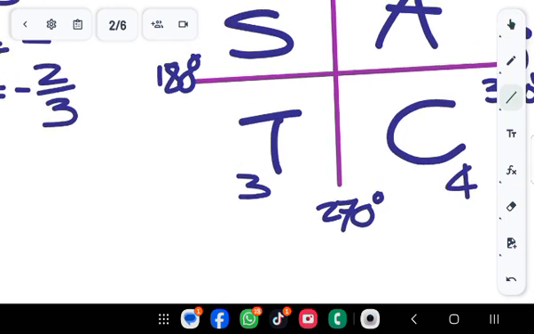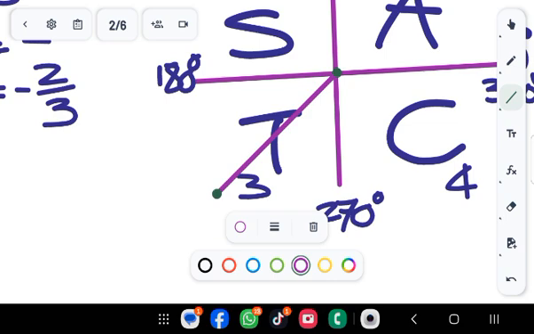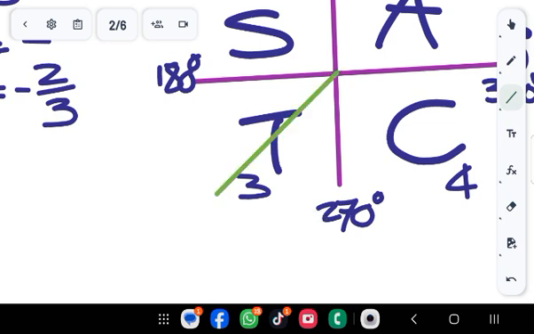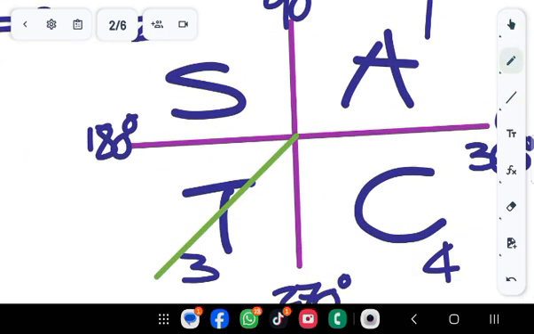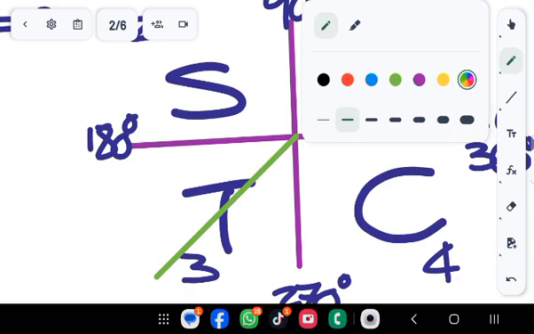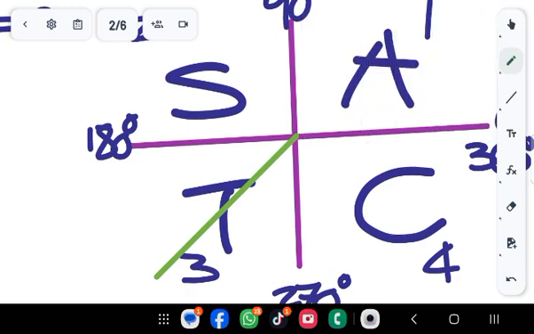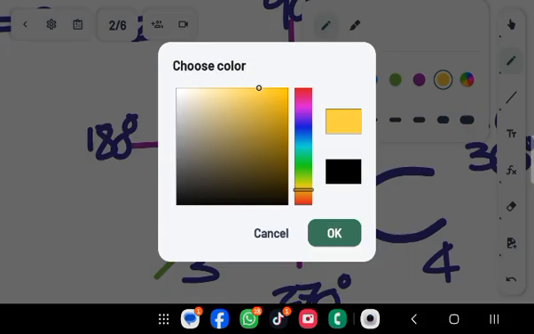So our angle should lie somewhere here. Let me use a different color so you can see. This will be our angle beta.